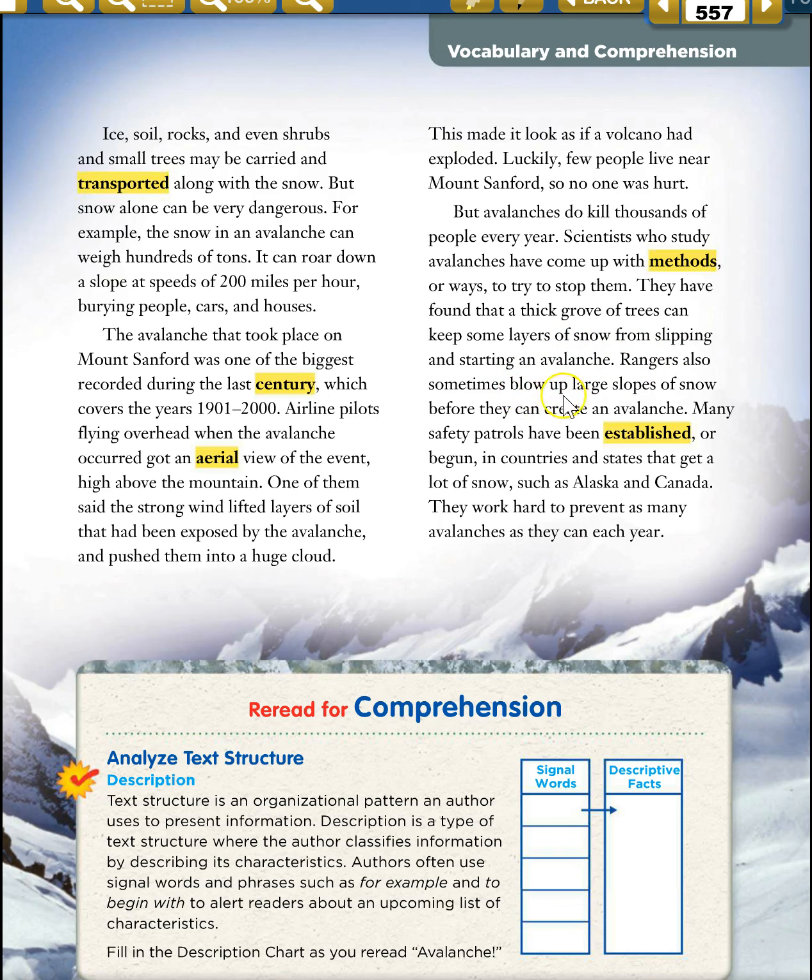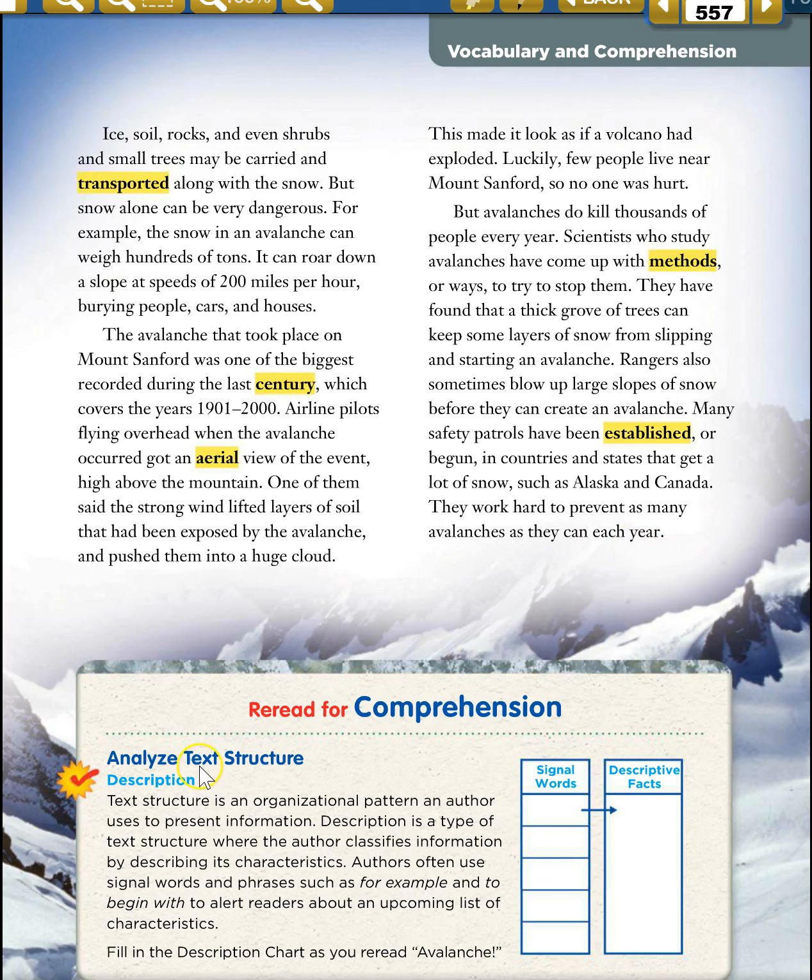Rangers also sometimes blow up large slopes of snow before they can create an avalanche. Many safety patrols have been established or begun in countries and states that get a lot of snow, such as Alaska and Canada. They work hard to prevent as many avalanches as they can each year.